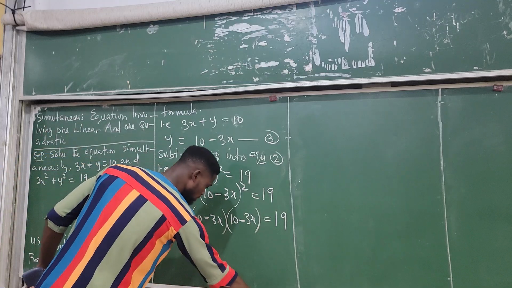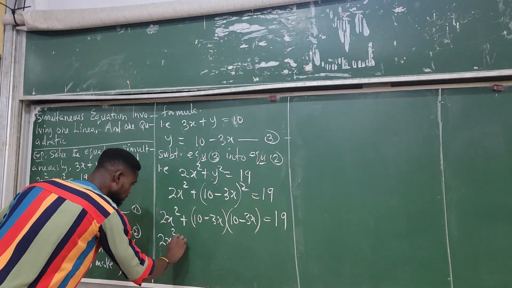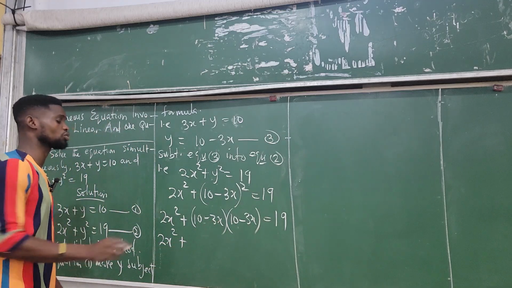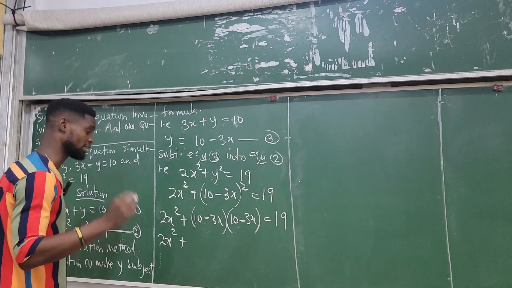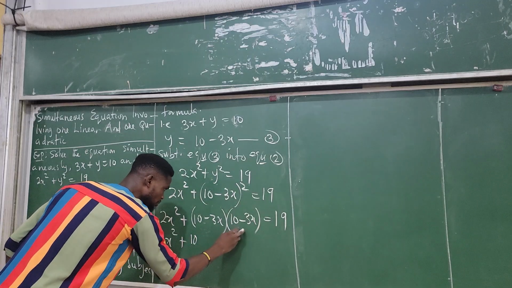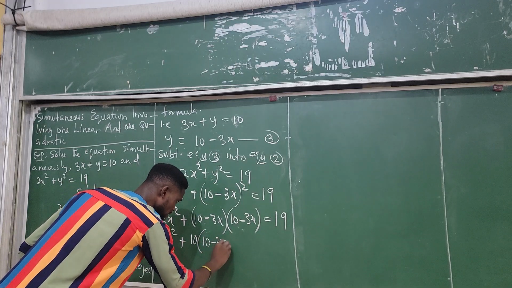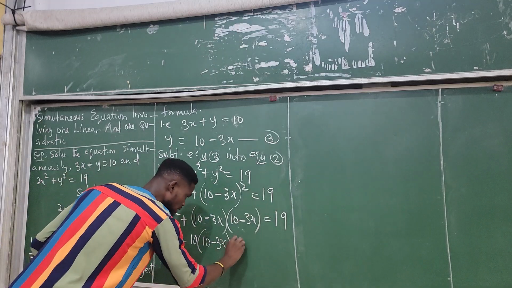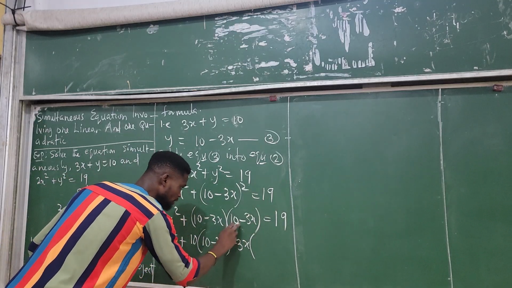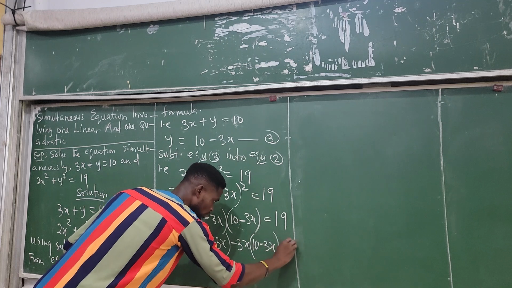So we have 2x squared plus. I don't want to just do 10 times this, because you can make a mistake. Let me show you how to do it in a simpler way. We have 10 multiplied by every figure here, that is 10 minus 3x, and minus 3x multiplied by every figure here, that is 10 minus 3x, is equal to 19.